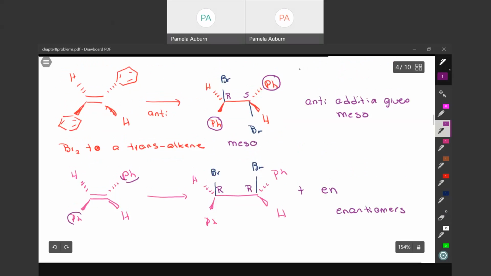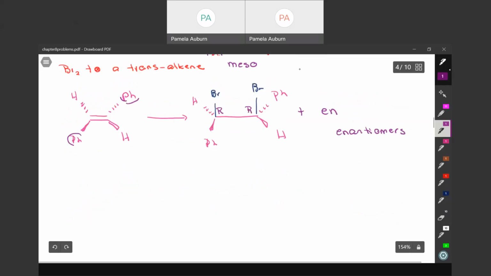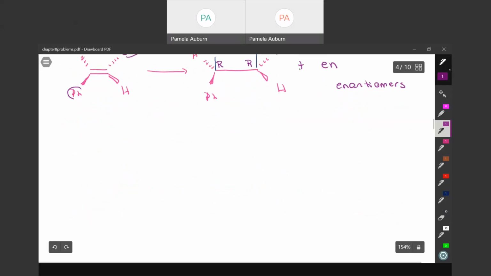So the fact that you only get the meso compound implies that this reaction is stereospecific. But to completely nail it, you would have to also do this reaction to the cis alkene. And I'll show you that they should also give you different products.